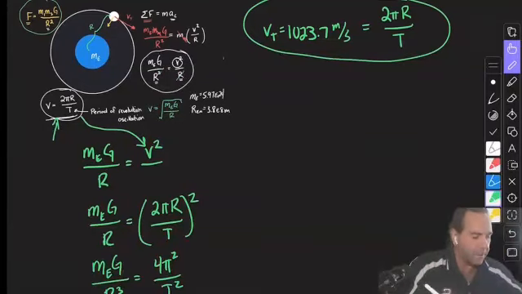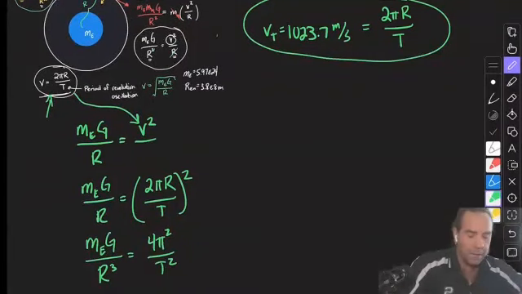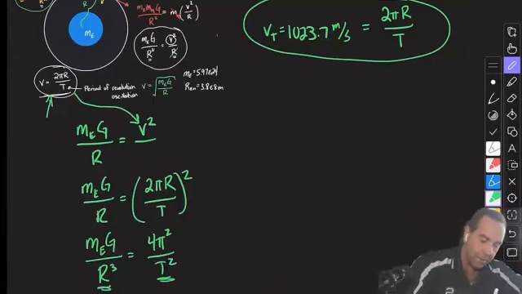So he predicted as one of his rules, and Kepler was just a mathematician, that there was a ratio between the orbital radius of planets and how long it took for them to go around the sun. And he found this ratio through observation, this r cubed to t squared ratio.